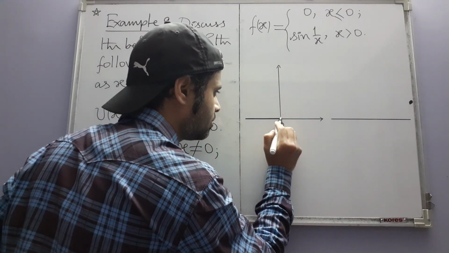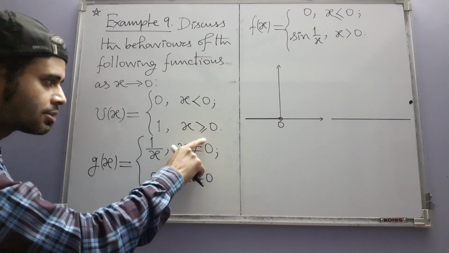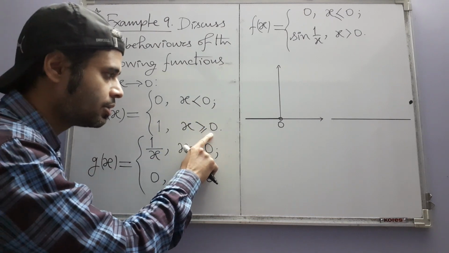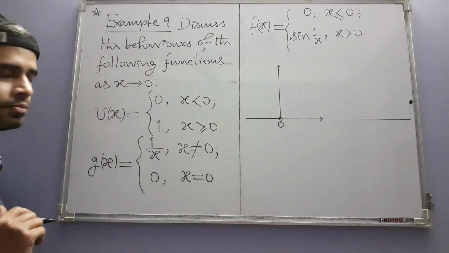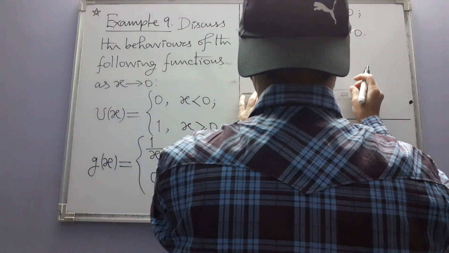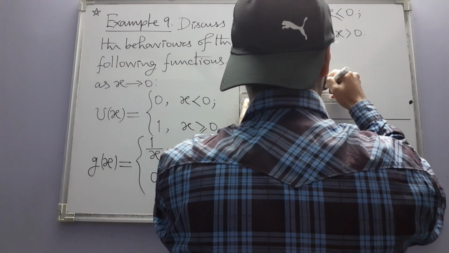But the origin itself is not touched, because at x equal to 0, the moment your input x becomes 0, it jumps to 1. And after that it stays constantly 1.